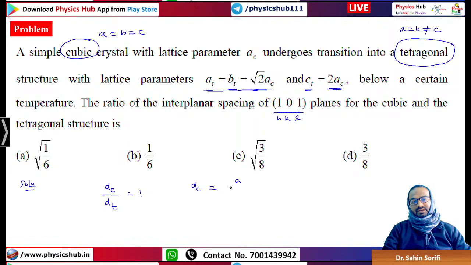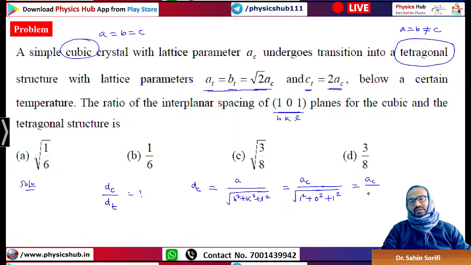This is a by root over h square plus k square plus l square. So a is, let's say, a cubic divided by root of 1 square plus 0 square plus 1 square. So this is a cubic by root 2. For d tetragonal, the formula is 1 upon square root of h square plus k square by a square plus l square by c square.